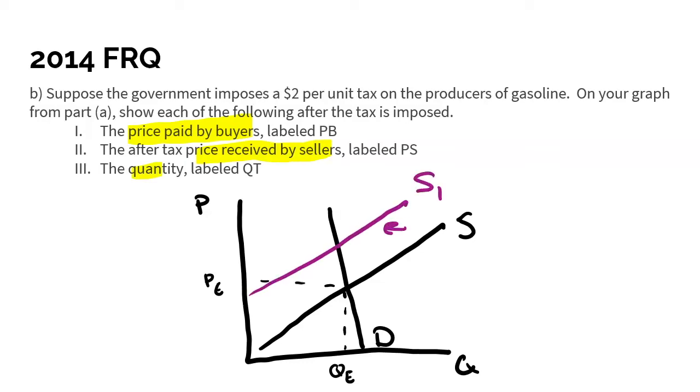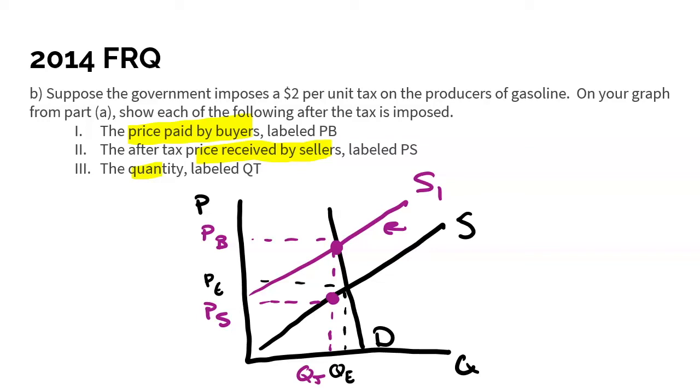And where the new supply curve meets the original demand curve is going to get us our quantity. That new equilibrium also indicates the price paid by buyers, which is PB. And to get the after-tax price received by sellers, we have to go from the new equilibrium down to the original supply curve, and then we get the price received by sellers there.